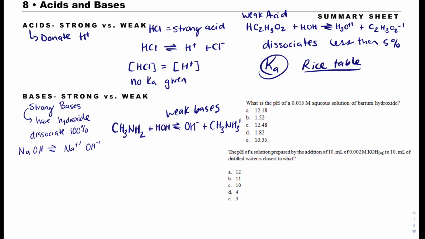Here it'd be NH3 plus 1, or you could have written it with an H out in front if you're not familiar with organic compounds. No big deal. Just put the H out in front, and so you get this.